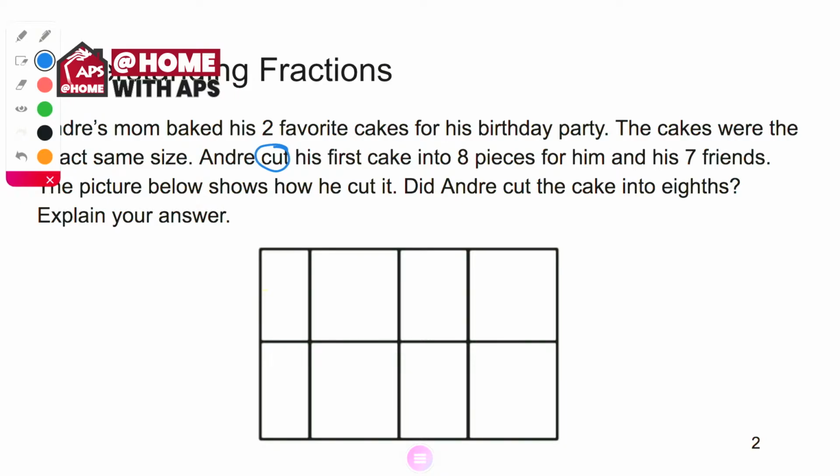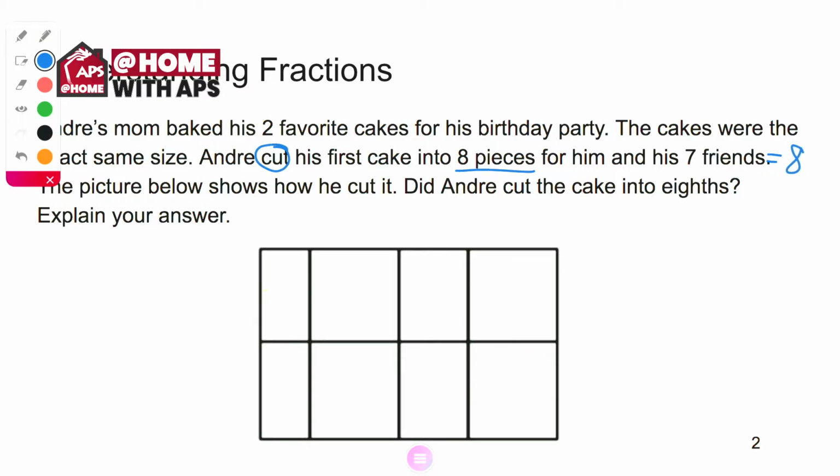He cut that cake into 8 pieces for him and his 7 friends. He's only needing 7 of those pieces? Why would he do 8? Did you catch that? Him and his 7 friends. So how many people are going to get a piece? 8. So this right here equals 8.